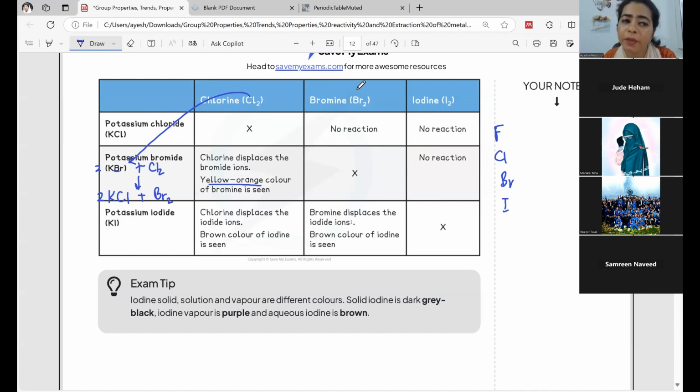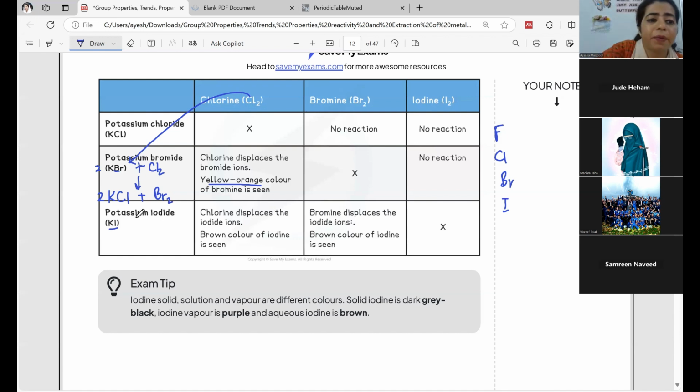Okay, then bromine displacement, no, it's the same thing. Iodine cannot go and replace bromine, so no reaction. Then chlorine with iodine. Chlorine can go and replace iodine over here because iodine is under the chlorine. So yes, the reaction will happen. And what will be the color at the end?